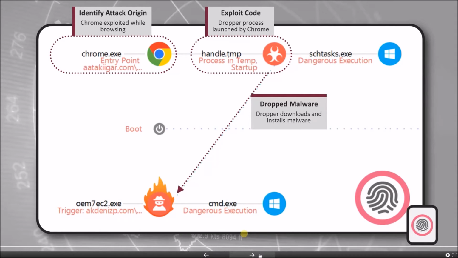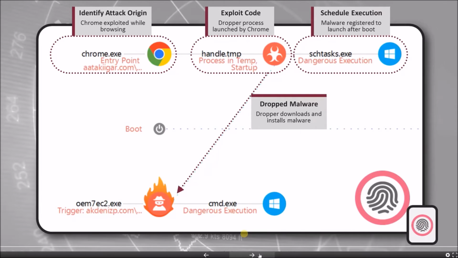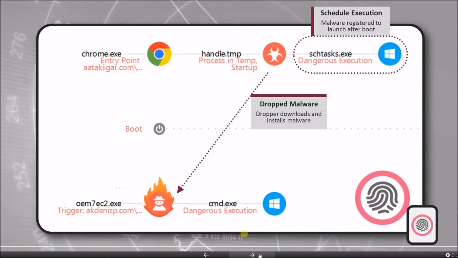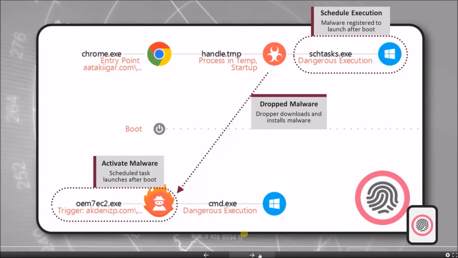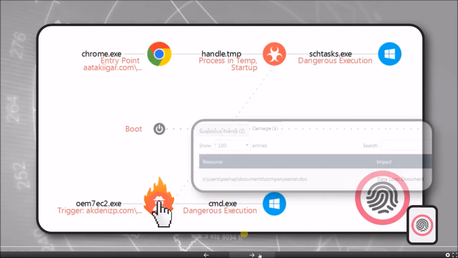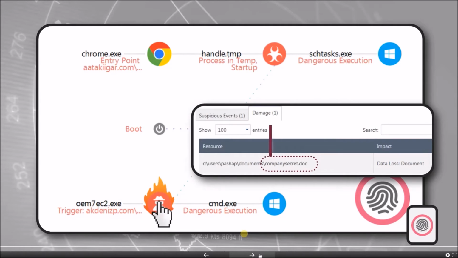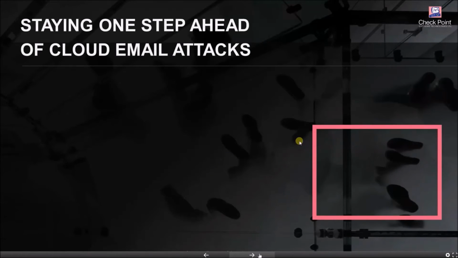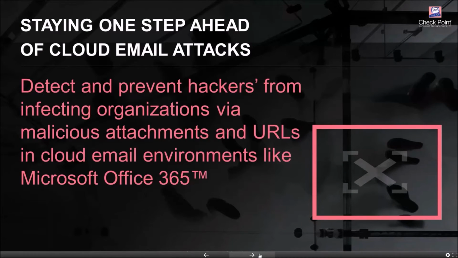So we're able to see the whole attack chain, identify the origin really quickly, see what exploit code was dropped or launched, see if any persistence was created around scheduled execution time, see what the malware was, and then dig into any one of those bits and pieces of the attack to see what was compromised within the organization.